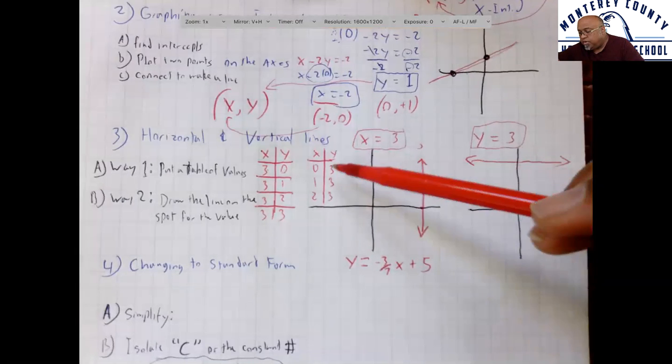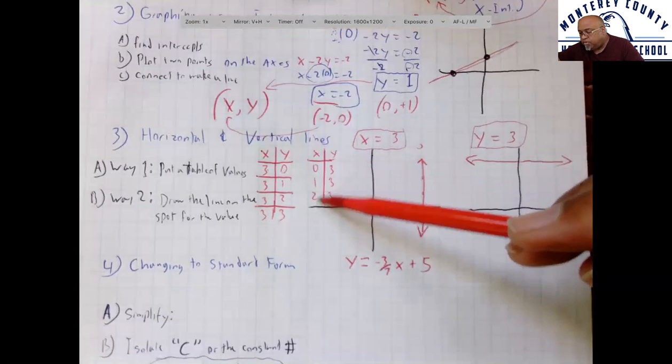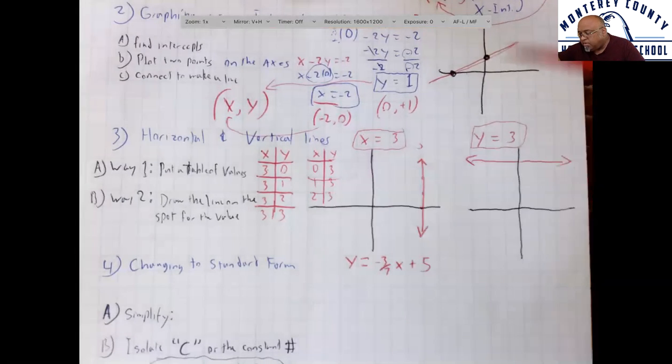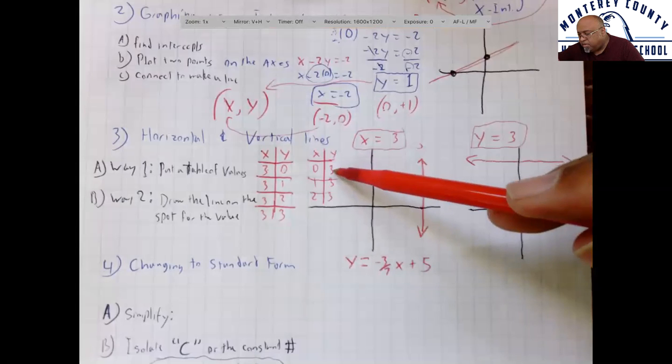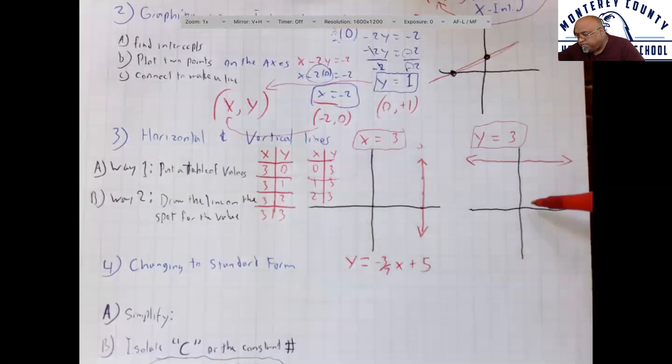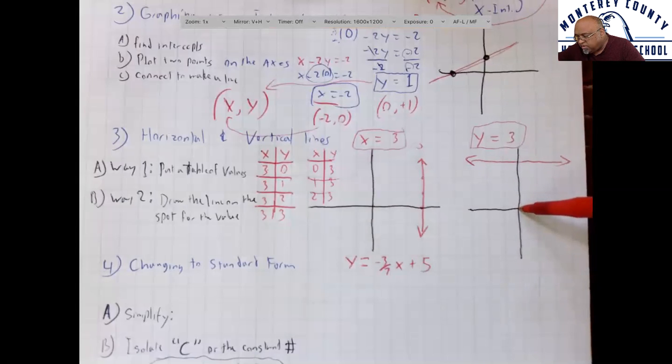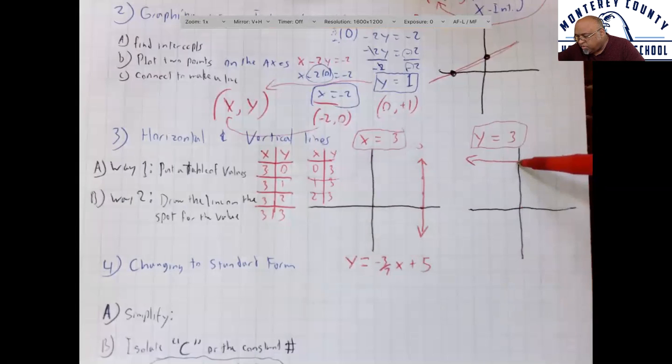Now the second one could be a function because the x values would not repeat. Doing it by table, if I have the value 0x, 3y, then 1x, 3y, 2x, 3y.